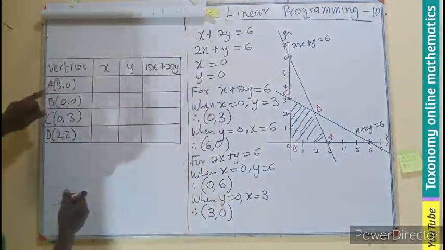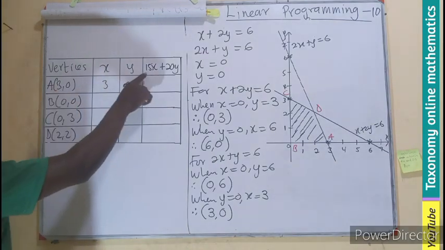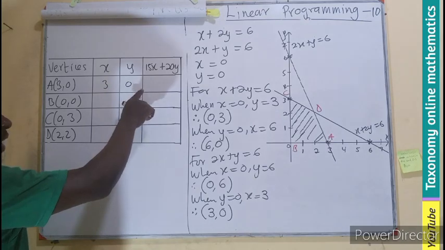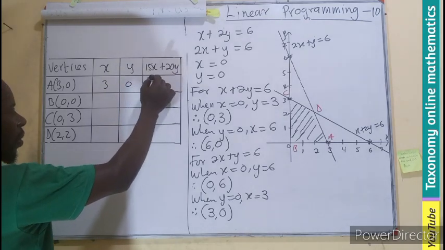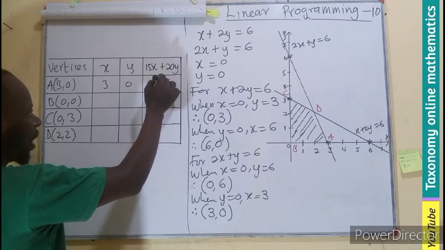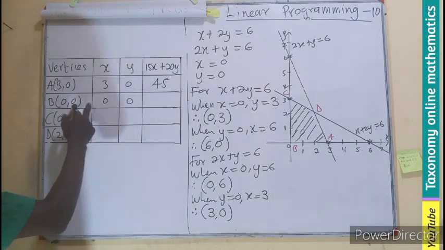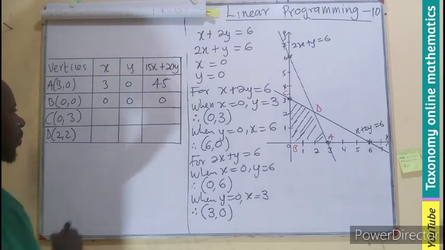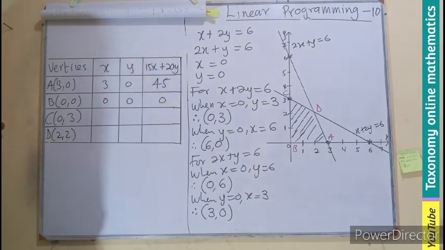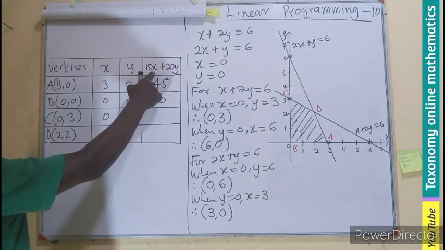So now let's see. For this 3, 0, meaning 3 times 15, 45. 45 plus 0 will give us 45 Ghana cedis. Let me just write 45 without the cedis. 0, 0, right? That will still give you 0. 0, 3. 0 here.